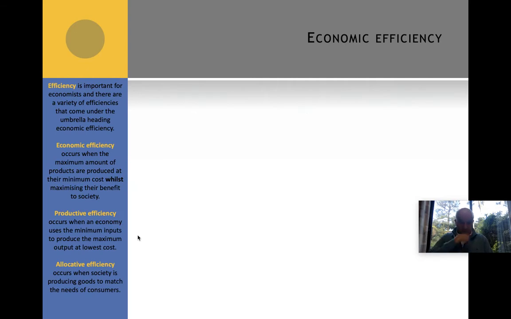So we talked about economic efficiency quite a lot over the past few months, really. And in this instance, we're talking specifically about where we are being economically efficient.